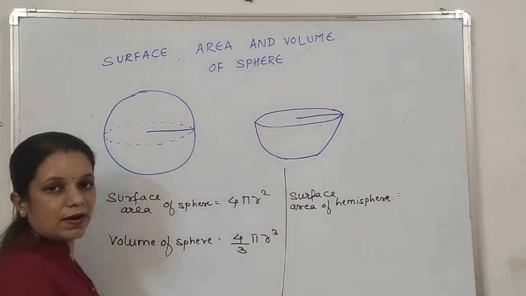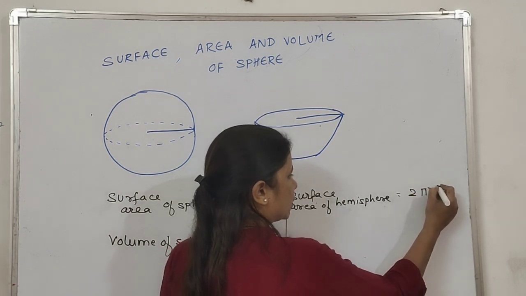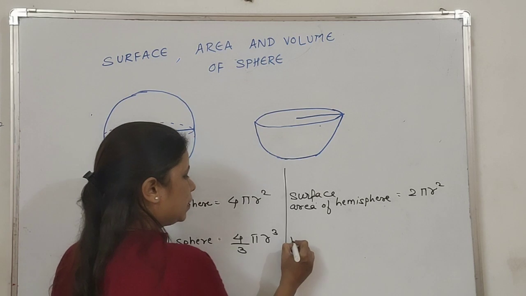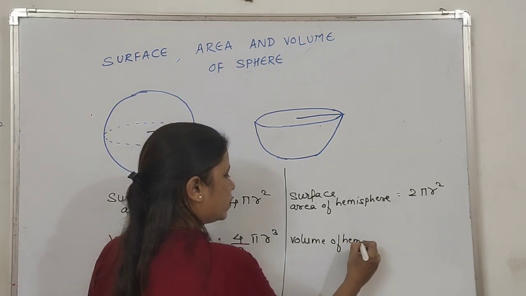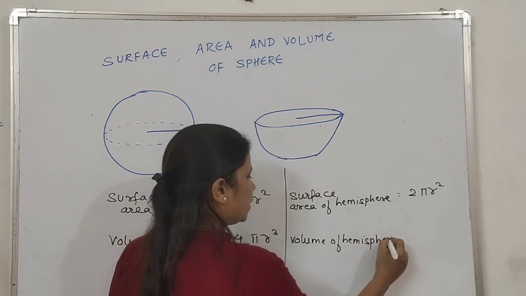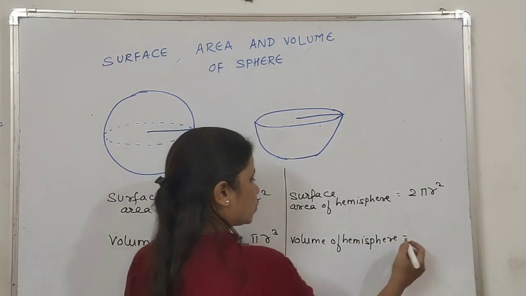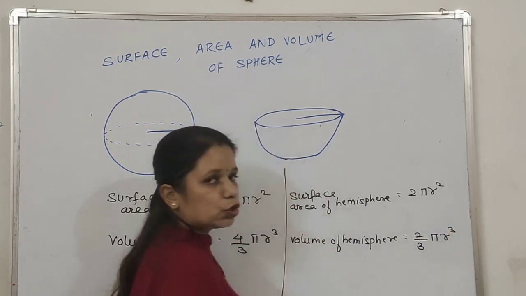So this divided by 2, so it will be 2 pi r square. Volume of a hemisphere is half of the volume of a sphere. So it will be 4 by 3 divided by 2. So that is 2 by 3 pi r cube.